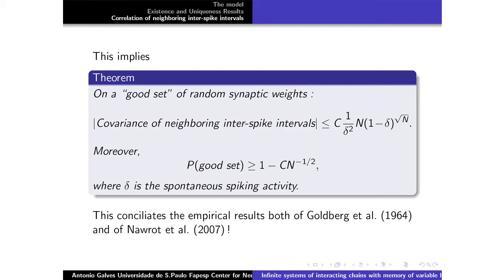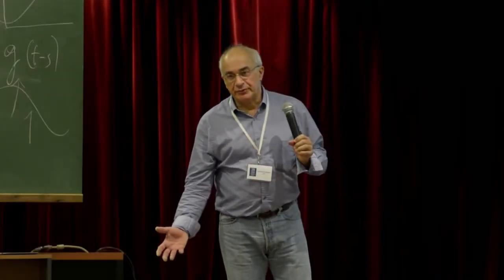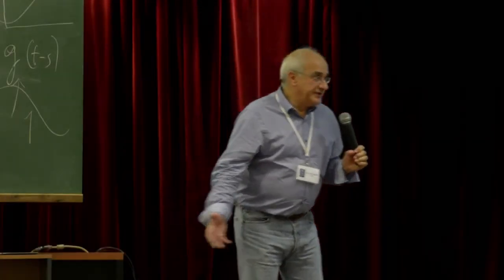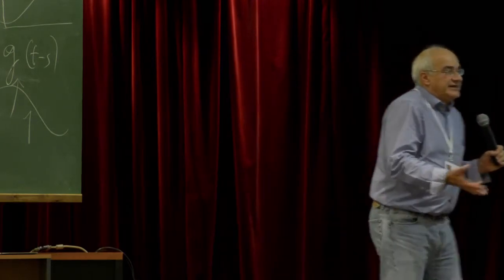And since n is quite big, this is very small. So this tells us that the Goldberg result is somehow reasonable, but it's not independent. I would like to have a lower bound. Okay, so that's the end.